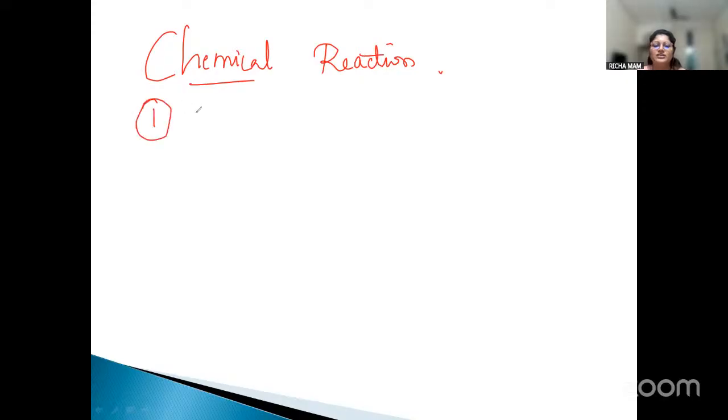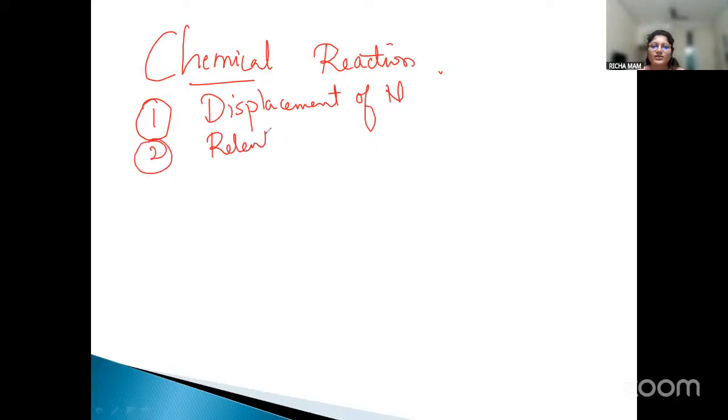First is the reactions involving the displacement of nitrogen, and second is the reactions involving the retention of the diazo group.